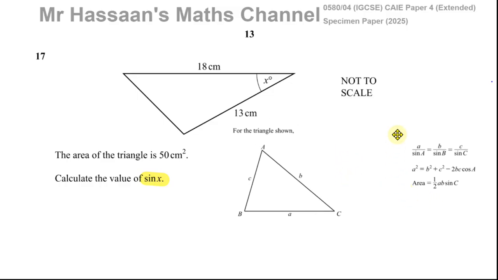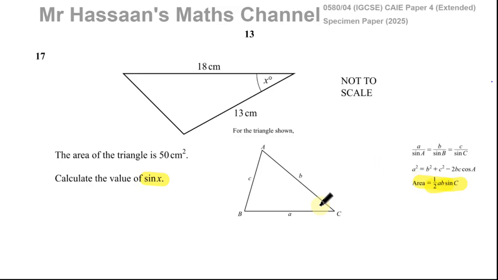And you can see that they've given you this section here where you've got a triangle, which is not a right angle triangle. And you've got this formula over here. This formula here, it connects together the angle and the sides and the area.